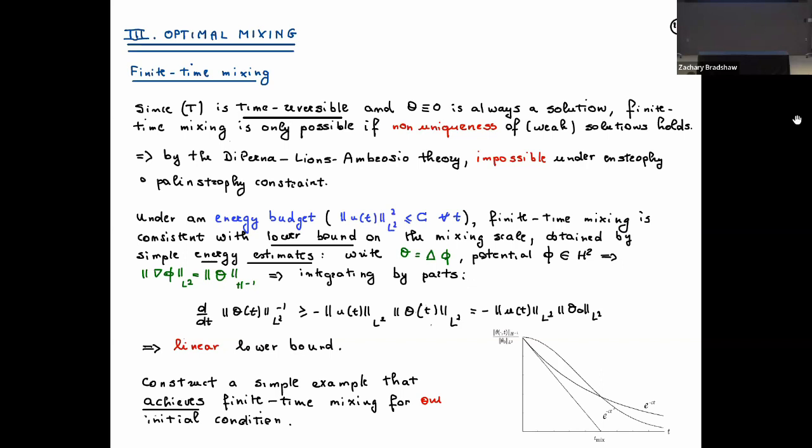That means you control uniformly in time the L2 norm of the advective velocity, and let's see if we can get a lower bound on the mixing scale. In this case, you can simply do it by energy estimates, which will not be the case if you control higher norms. One nice way to do that is to introduce a potential.